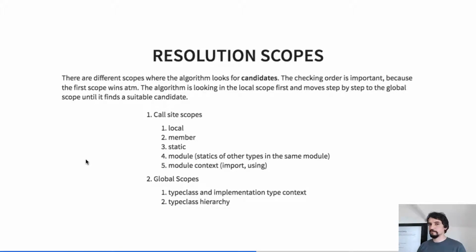That's also possible at the moment in this implementation, but I will show you how this works. The algorithm first looks in the local scope. When it finds an implicit that matches the type, that's fine. It doesn't look any further.